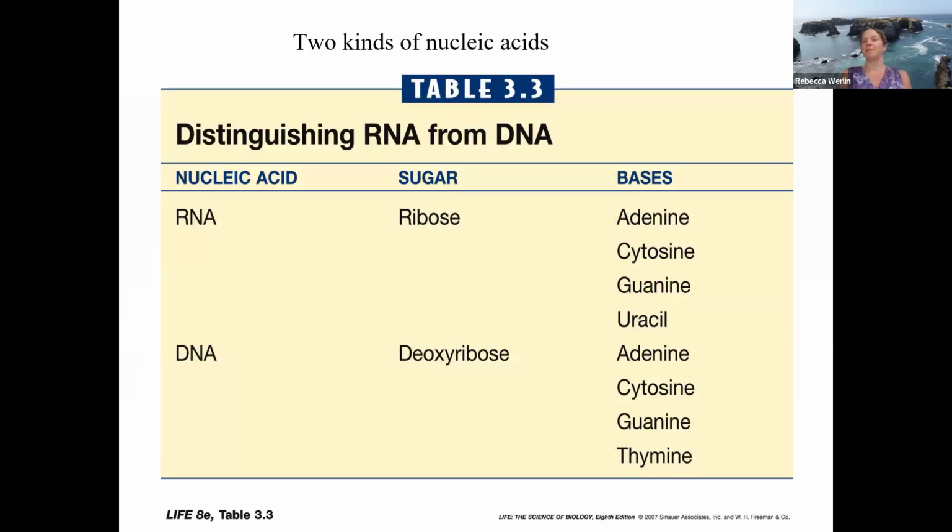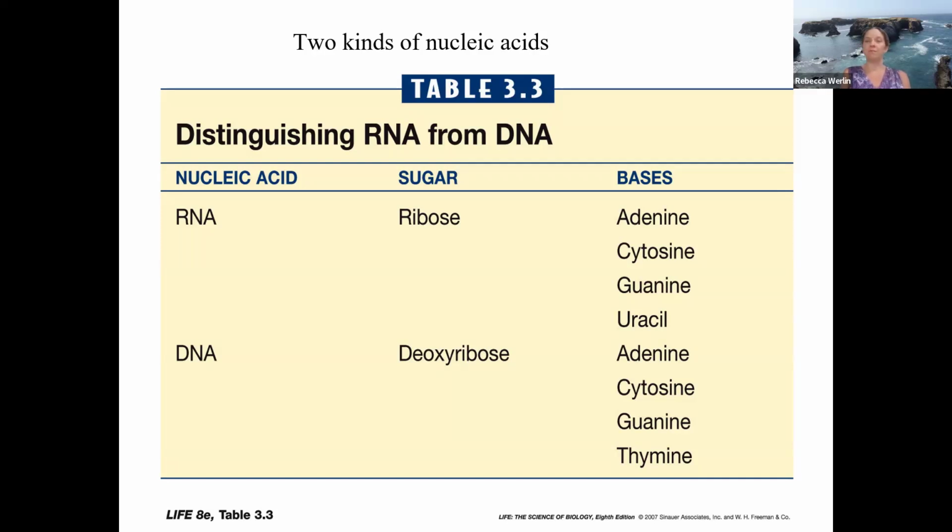So when we talk about ribonucleic acid and deoxyribonucleic acid, it is important to understand the differences between DNA and RNA. Ribonucleic acid has the sugar ribose and has the bases adenine, purine, cytosine, pyrimidine, guanine, purine, and uracil, pyrimidine. Now, DNA, deoxyribonucleic acid, has the sugar deoxyribose.